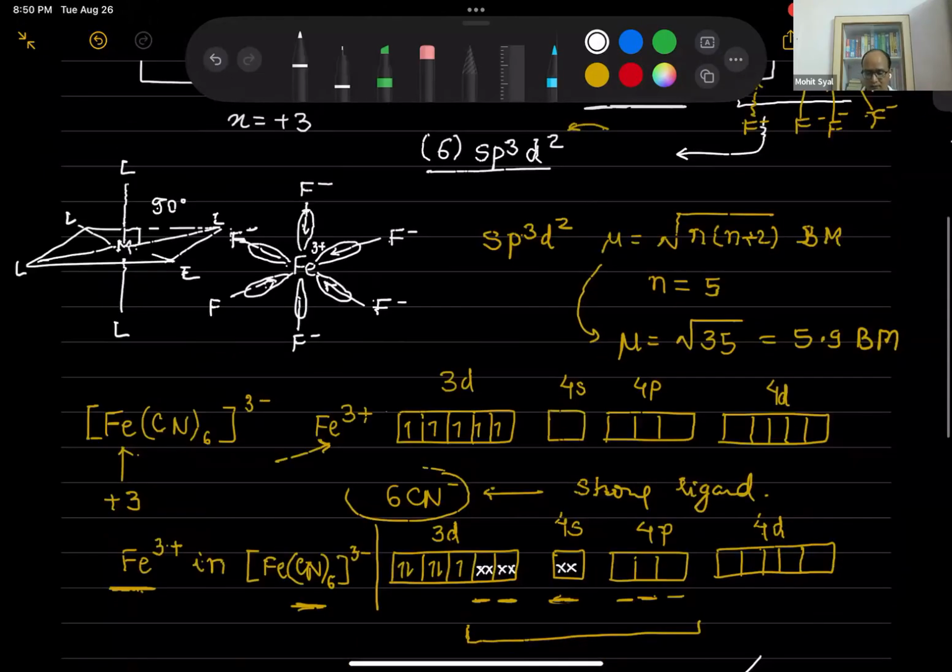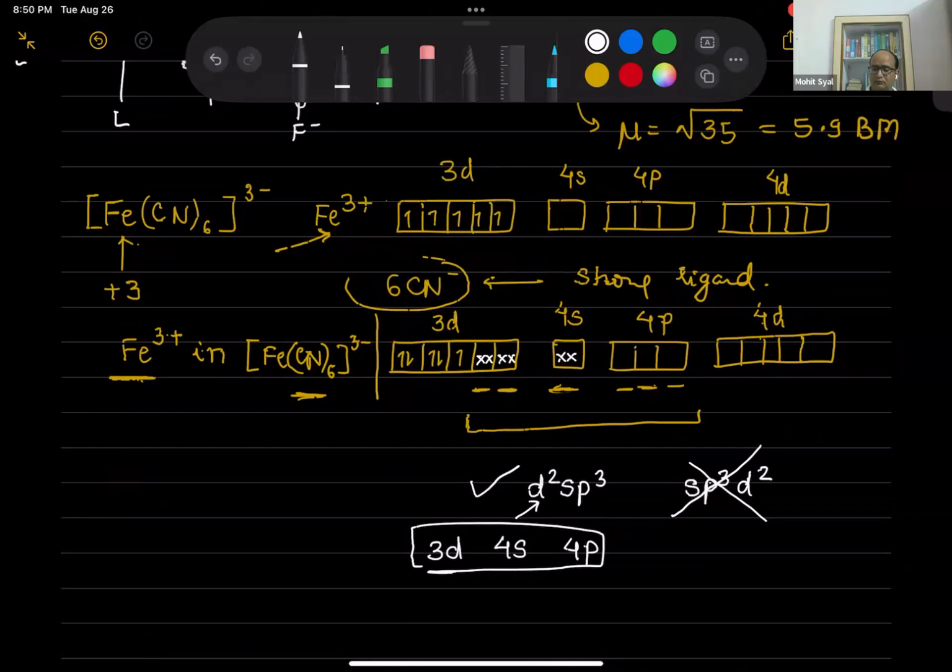So I'm going to use 4s, 4p, and 2 of the 4d orbitals. So that's why the hybridization is sp3d2. Is it clear? Yes, sir.